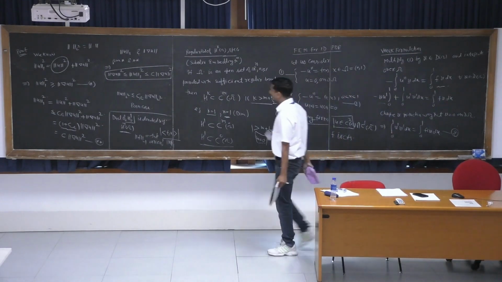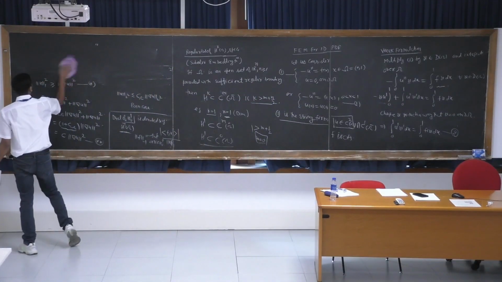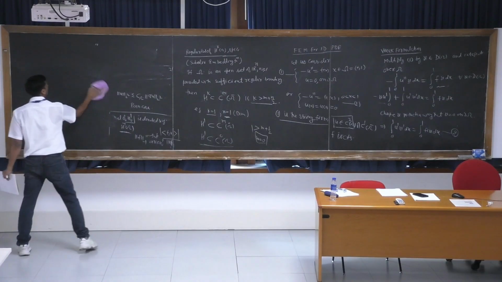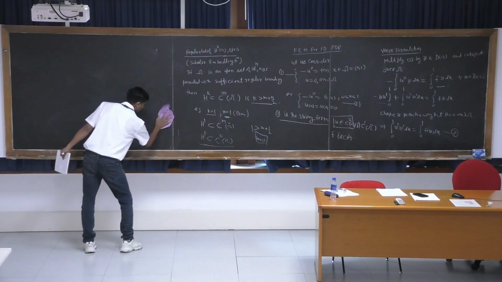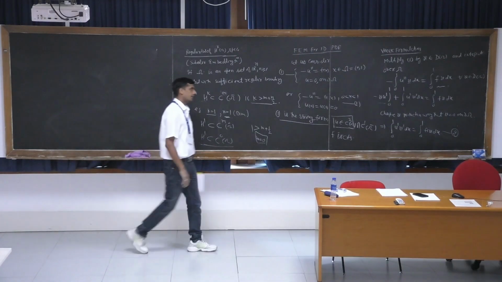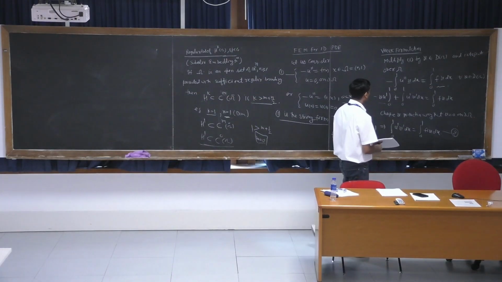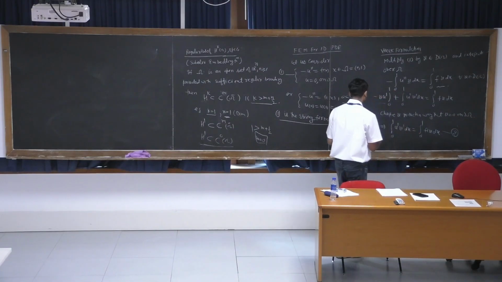Now up to here, we have v such that v is equal to 0 over the boundary. Our motive is to find a space where we need very little regularity.